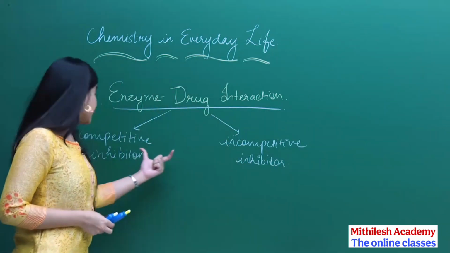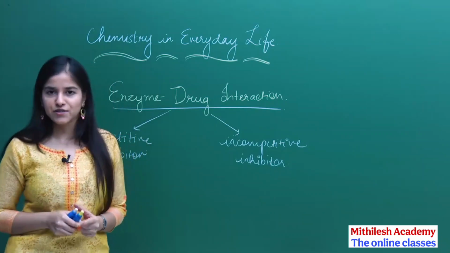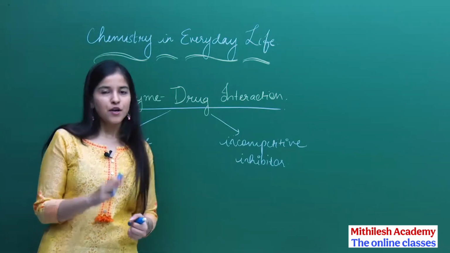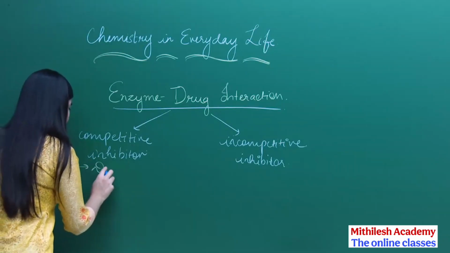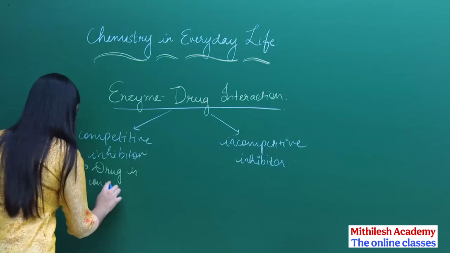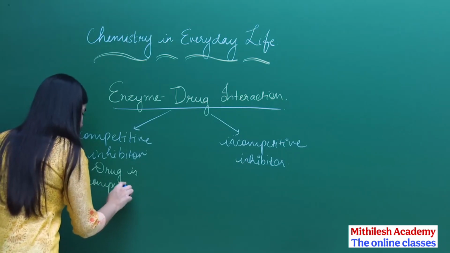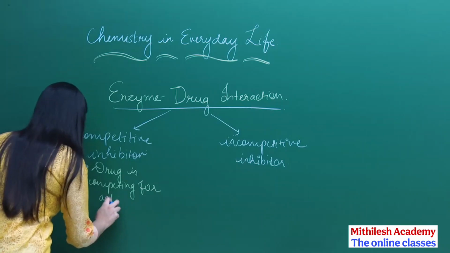Basically, what is a competitive inhibitor? That means it is competing with the active site. So basically the drug is competing for the active site. That is what we have studied.